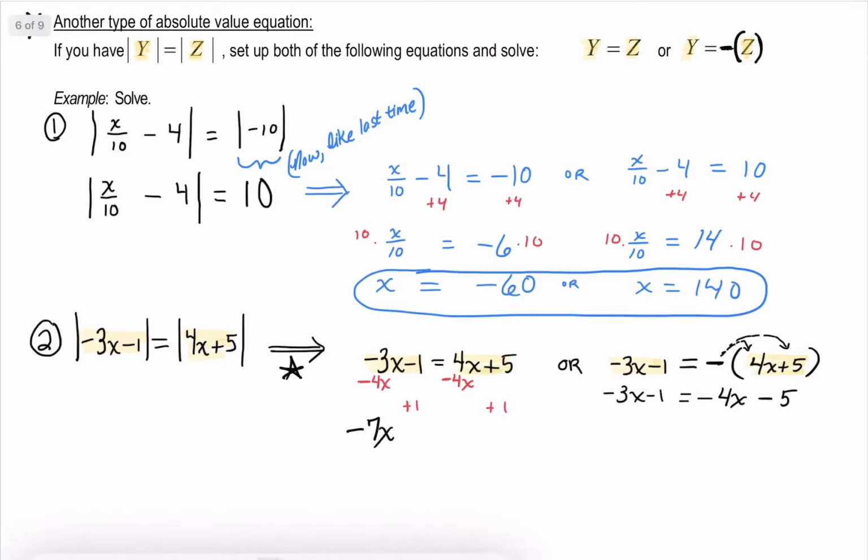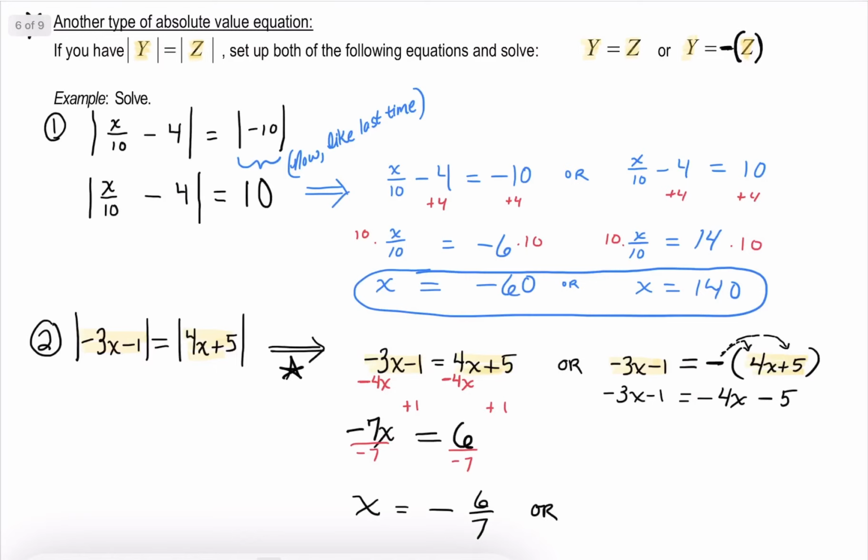If you do both of those together, it might be a little shorter. That equals 6. And our last step to solve for x is to divide both sides by that negative 7. So one of our solutions is going to be negative 6/7.